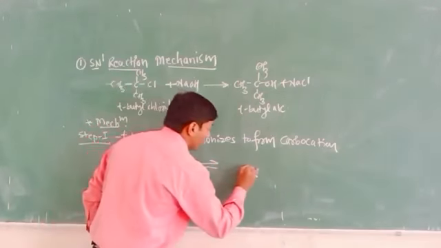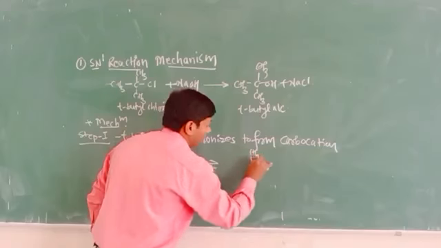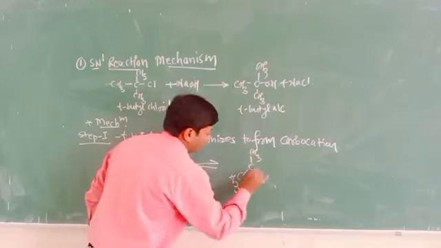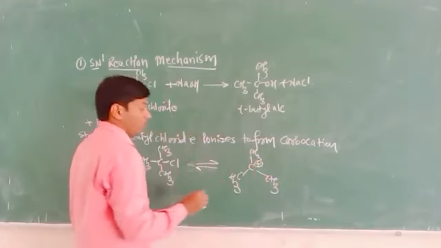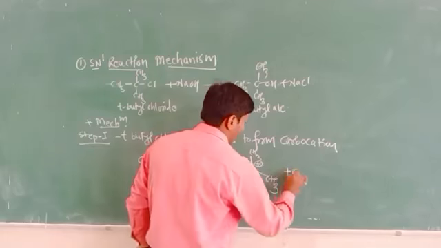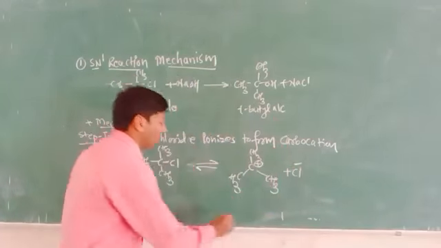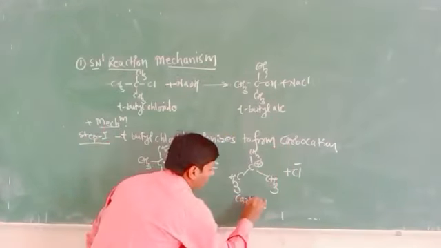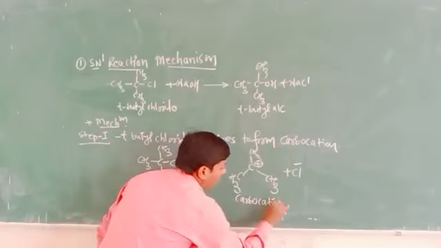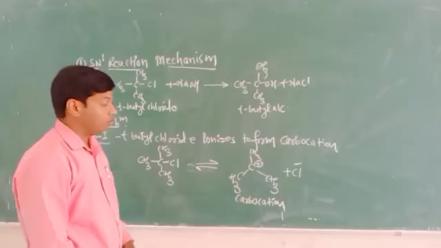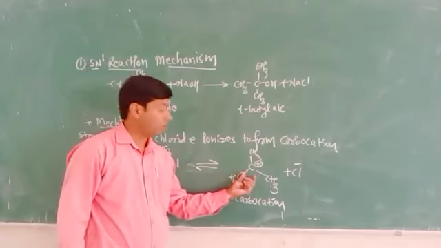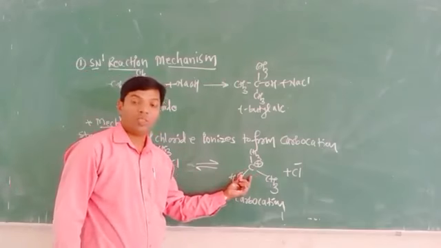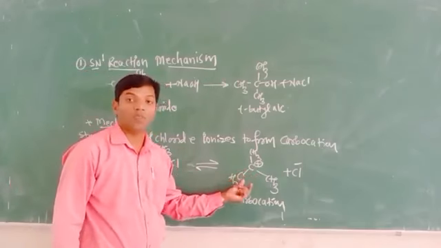It gives (CH3)3C with positive charge plus halide, Cl minus. This is called carbocation. This is highly unstable and planar in nature. The hybridization of this carbon atom is sp2. This is the first step.